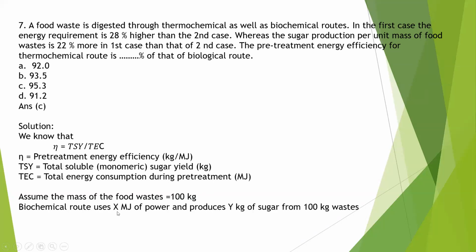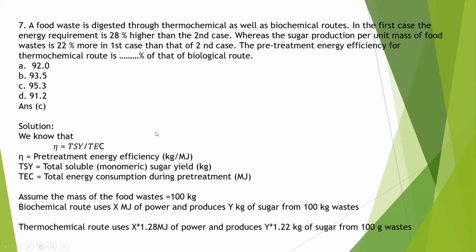So we will assume a basis of 100 kg of food waste, and the biochemical route uses X megajoules of energy and produces Y kg of sugar from this 100 kg waste. Now from the question it is given that the thermochemical route requires 28% higher energy.